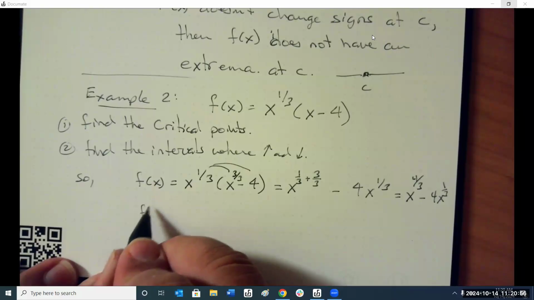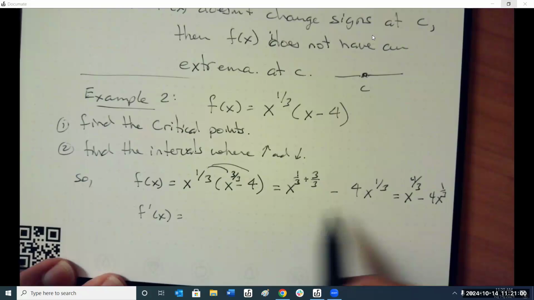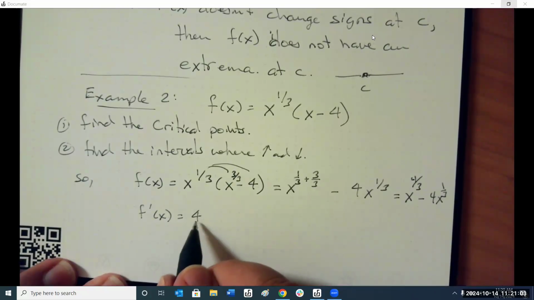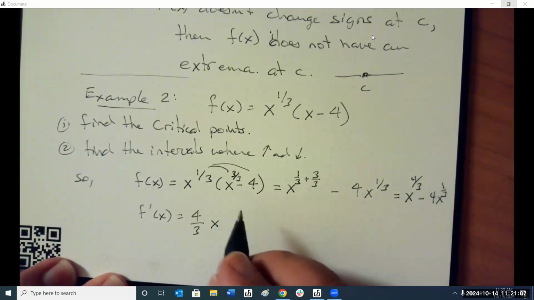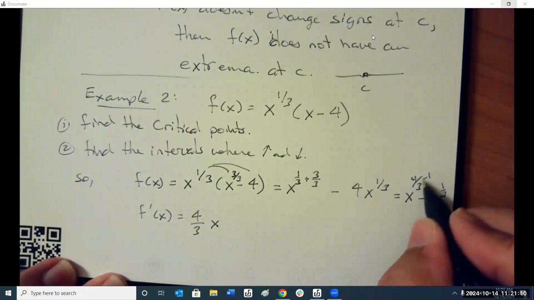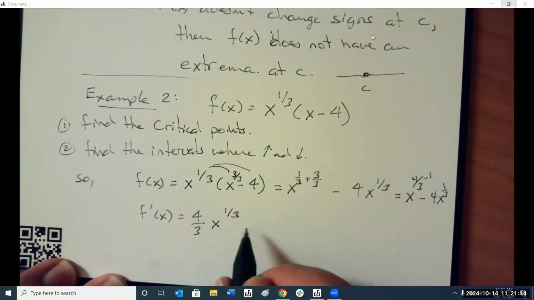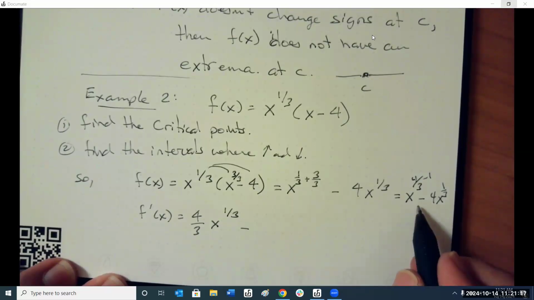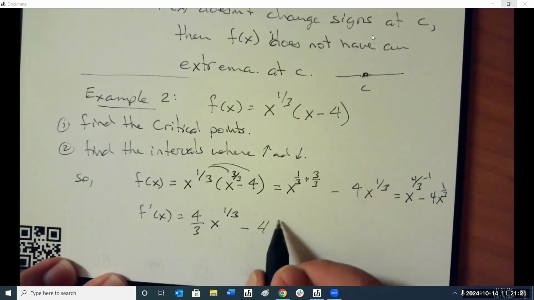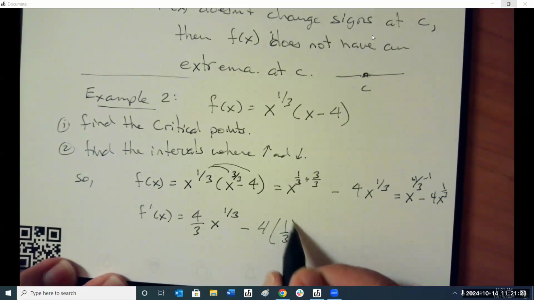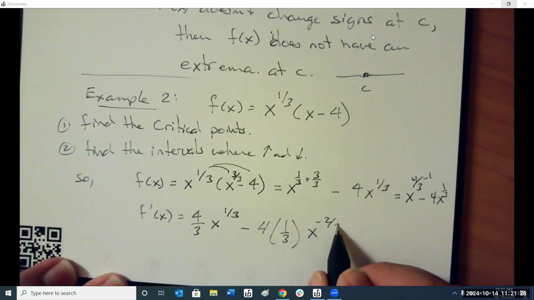So the derivative of this first one is 4/3 x, subtract 1 minus 1. So it's 3/3, makes it 1/3, minus 1/3 times 4, and subtract 3/3 makes it x to the negative 2/3.